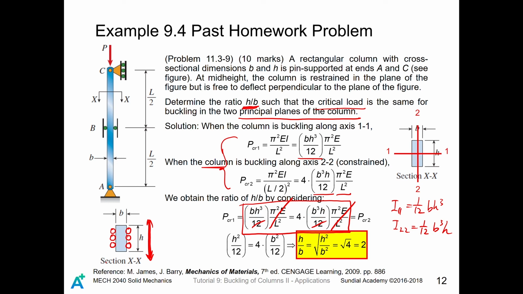Then eventually we will get H squared divided by 12 equals 4 times B squared divided by 12, which means H squared divided by B squared equals 4. Then H divided by B equals 2.